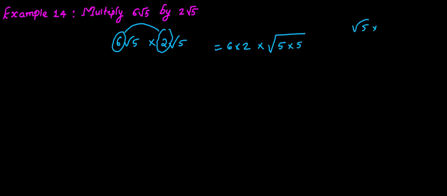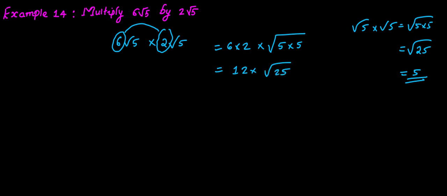We already discussed that root 5 into root 5 equals root of 5 into 5, that is root of 25, and root 25 equals 5. So 6 into 2 equals 12, and 12 into 5 equals 60. So 6 root 5 multiplied by 2 root 5 equals 60.